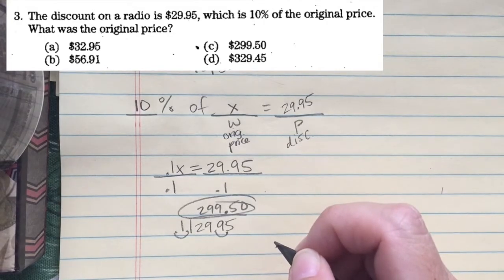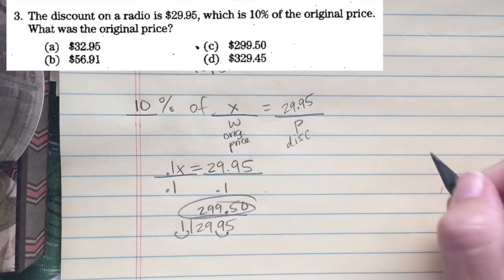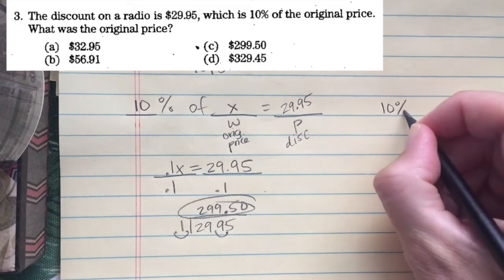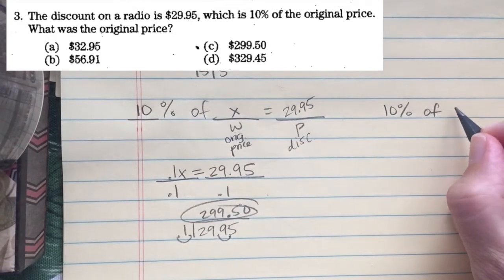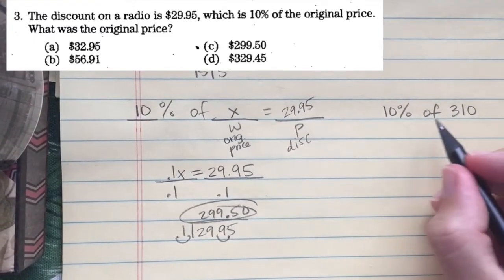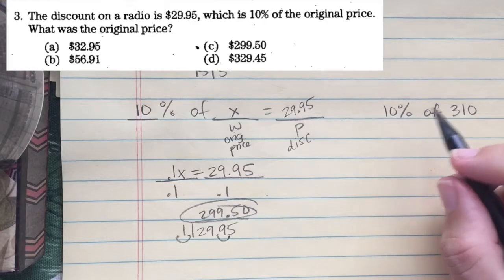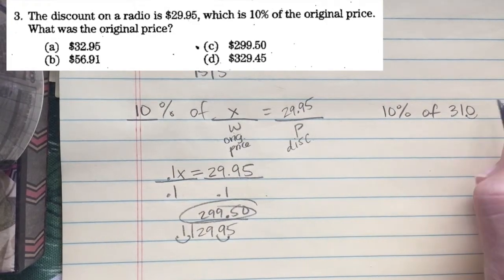Okay, so you should have ended up with 299.50. Now remember, we talked a couple videos about finding 10% of a number. Let's say that number is 310. Remember, whenever you need to find 10% of a number, all you're doing is moving the decimal one place to the left.